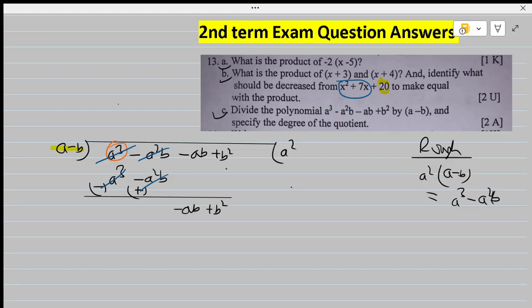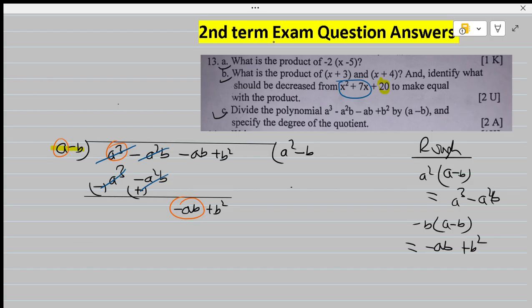Just put it down, and again you think. You have to bring your minus ab somehow by multiplying with a. So what is that? It's minus b, since a into minus b will give you minus ab. Let's keep minus b and multiply by a minus b whole: minus b into a is minus ab, minus b into minus b is plus b square.